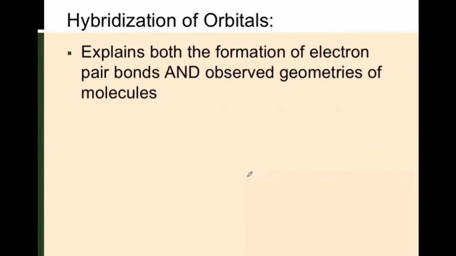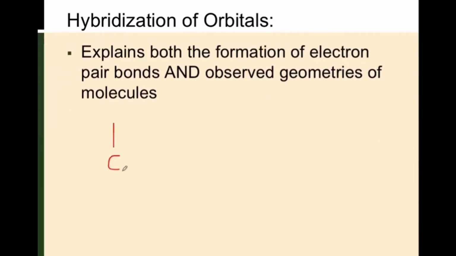Hybridization of orbitals explains both the formation of electron pair bonds and the observed geometries of the molecules. So with water or with methane or whatever, methane we'll get onto just in the next slide.